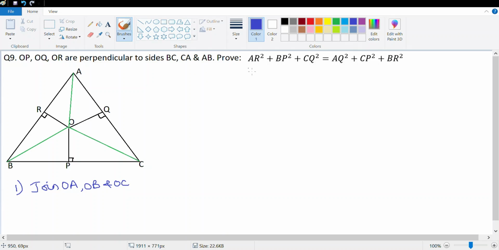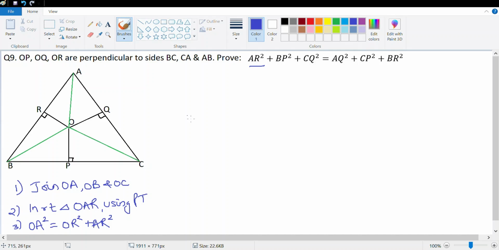So left hand side has AR. AR will be a part of the right triangle OAR. So let's just use Pythagoras theorem there. In a right triangle OAR, using Pythagoras theorem, I get OA square is equal to OR square plus AR square.